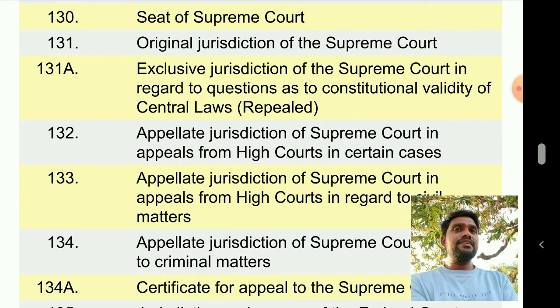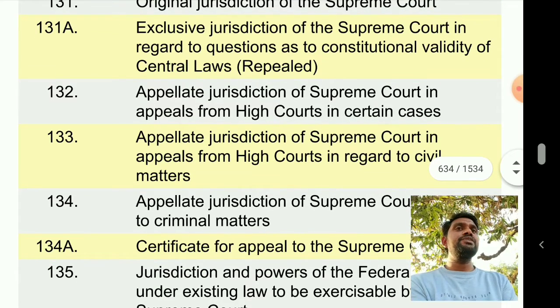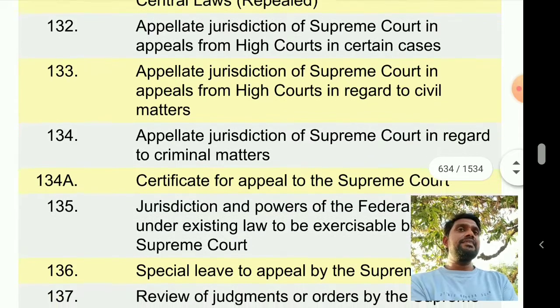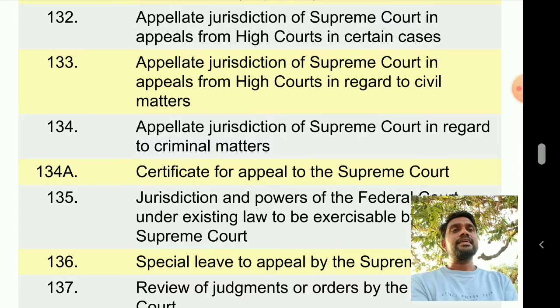Next, under Article 131A, exclusive jurisdiction of the Supreme Court in regard to questions as to constitutional validity of central laws, that is repealed. Under Article 132, appellate jurisdiction of Supreme Court in appeals from High Courts in certain cases.